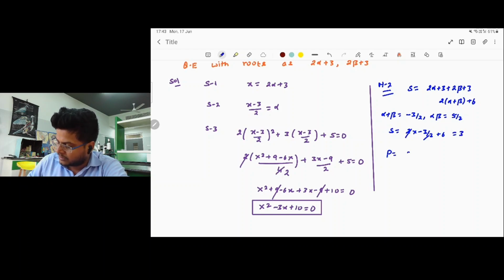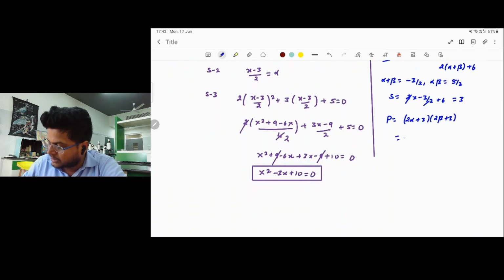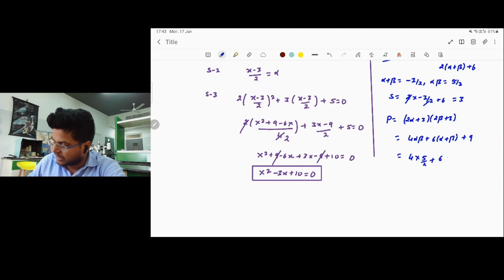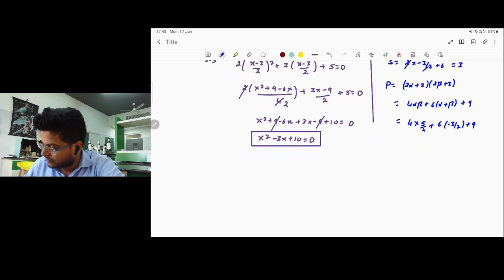What about the product? Product is (2 alpha plus 3) multiplied by (2 beta plus 3). When you multiply this, how much do you get? 4 alpha beta plus 6 times (alpha plus beta) plus 9. So alpha beta is 5 by 2, alpha plus beta is minus 3 by 2, and plus 9. So when you simplify, this will cancel 2 times.